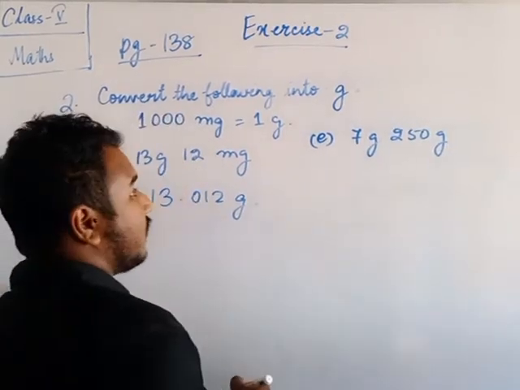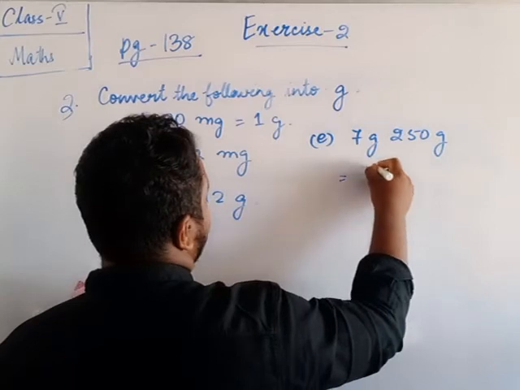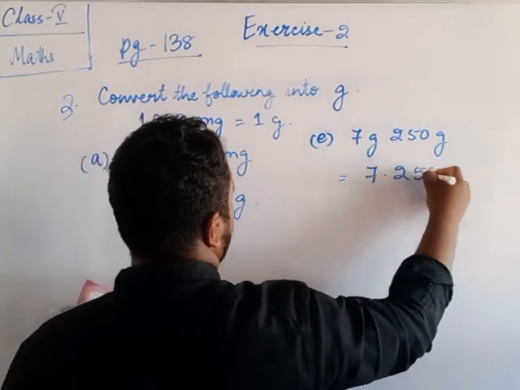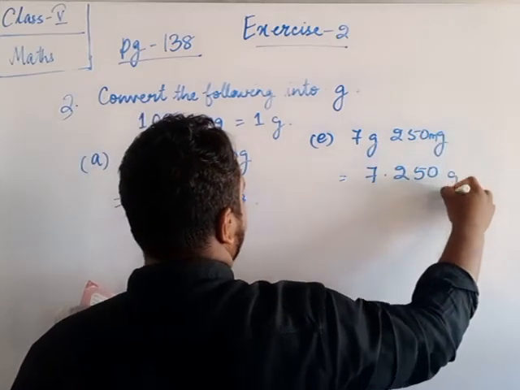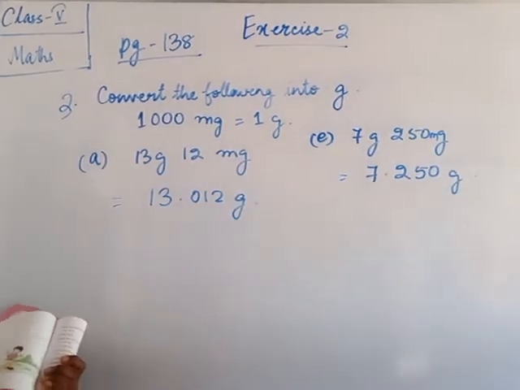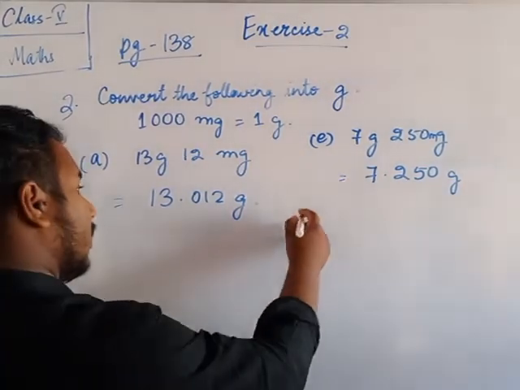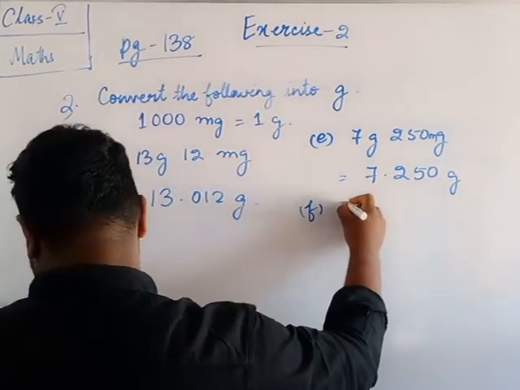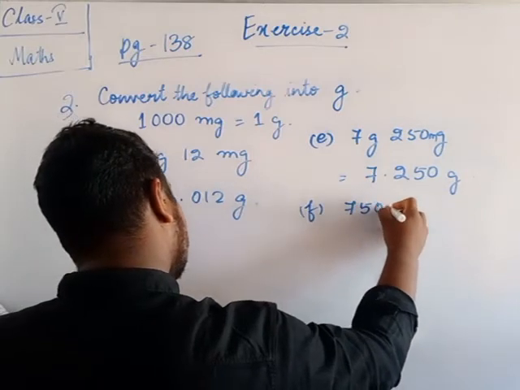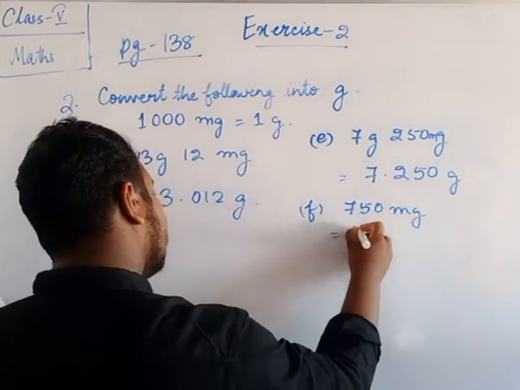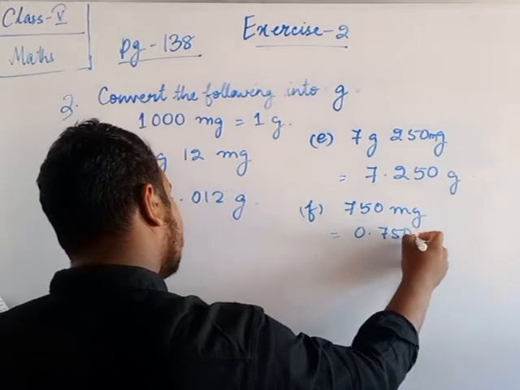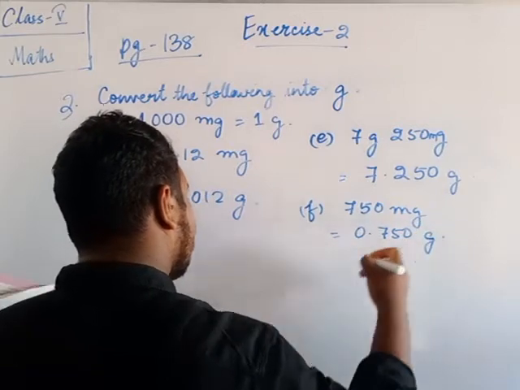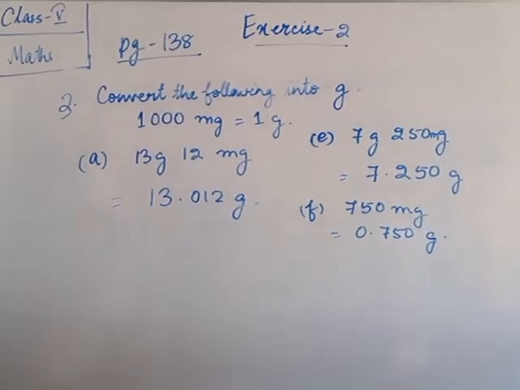Very simple, 7.250 gram. F number, one more, 750 milligram, 0.750 gram. Very nice, very simple.